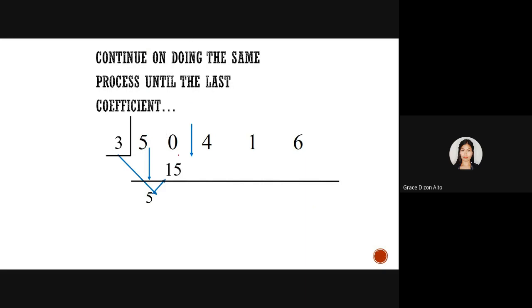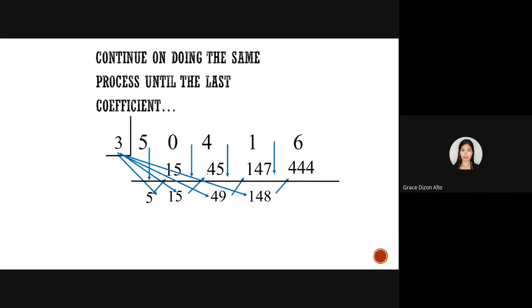Then add it, 0 plus 15 is 15. 3 times 15 is 45. 45 plus 4 is 49. 49 times 3 is 147. 147 plus 1 is 148. 148 times 3 is 444. 444 plus 6 is 450.